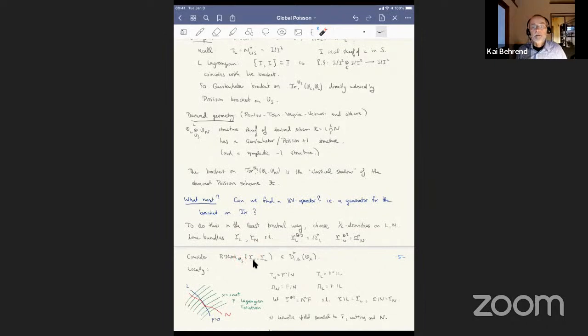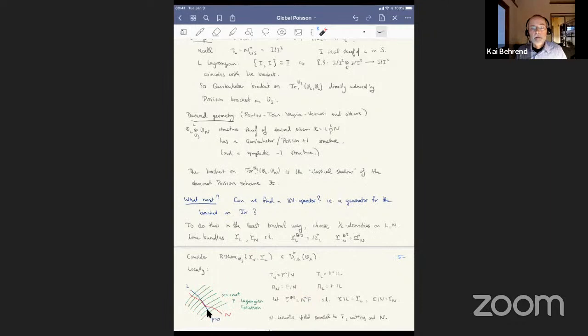This time it's not the structure sheaf we're resolving, but a slight twist. What I'm going to assume for simplicity is that there exists a line bundle epsilon on S, or at least in a neighborhood of X, whose second exterior power is the highest exterior power of this Lagrangian foliation F. Why is that?